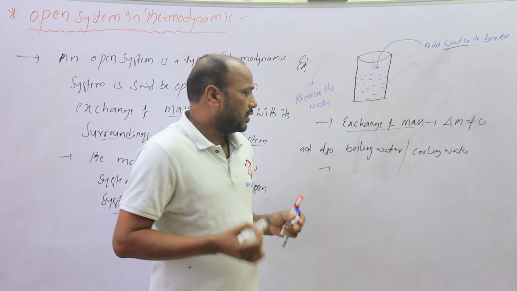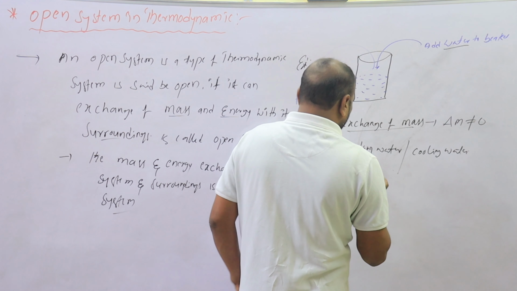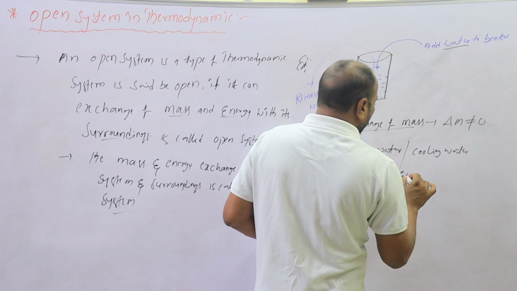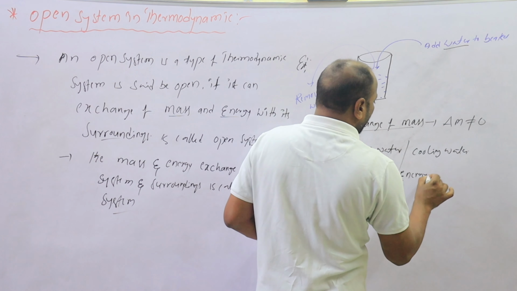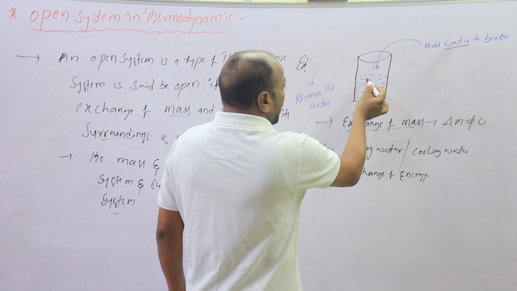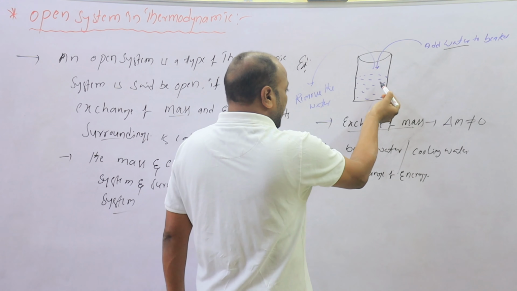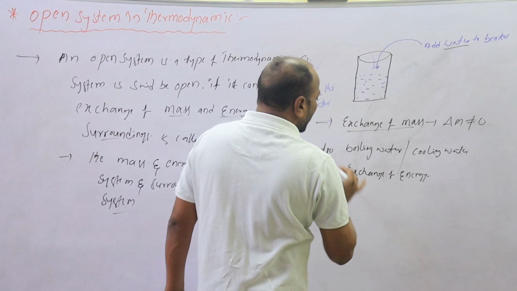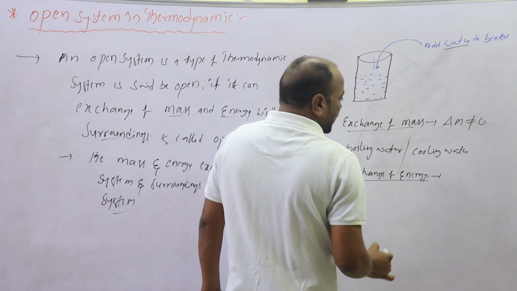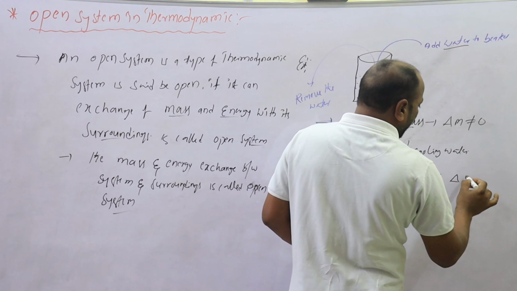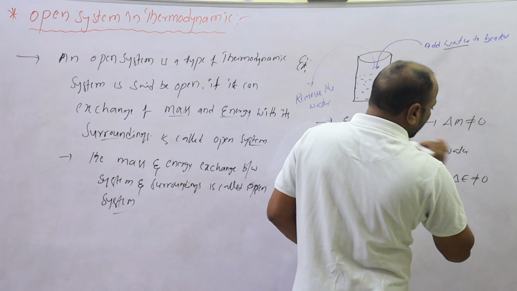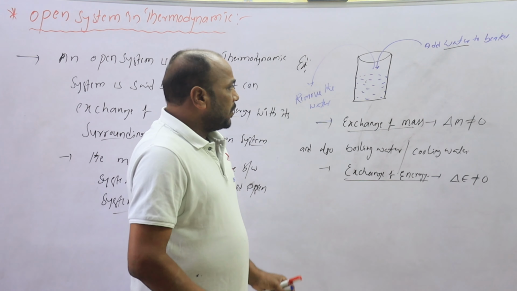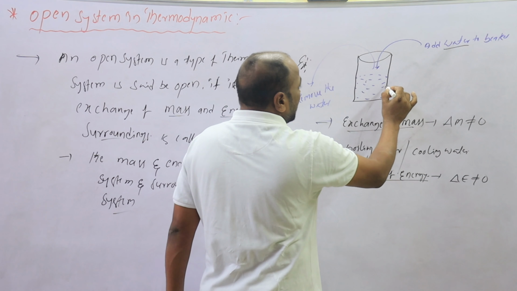The water is boiling and cooling, so there is exchange of energy. It is represented as delta E not equal to 0. Delta E not equal to 0 means it is an open system.